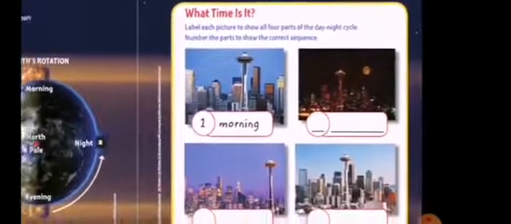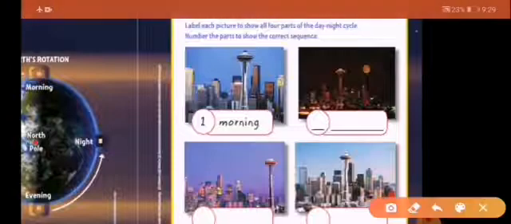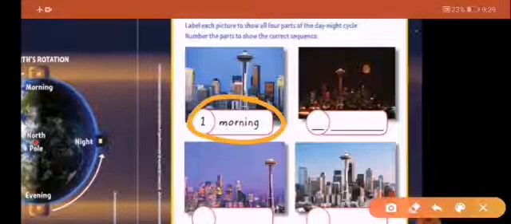Okay? Here in this exercise, we have 4 times in the day: morning, daytime, evening, and in the end, or the last time, the night time. Now, the first picture says this is the morning time. So which picture do you think shows the daytime?